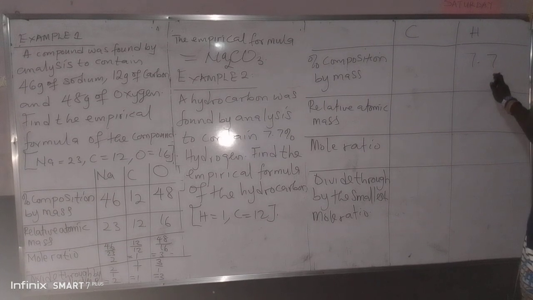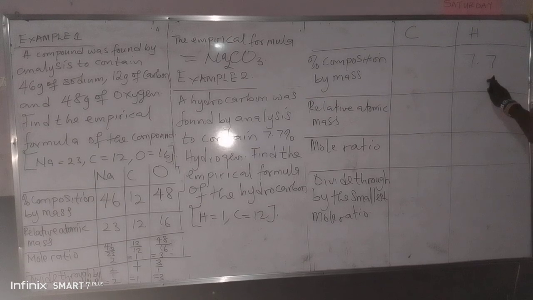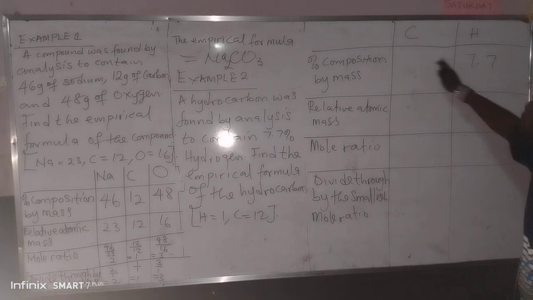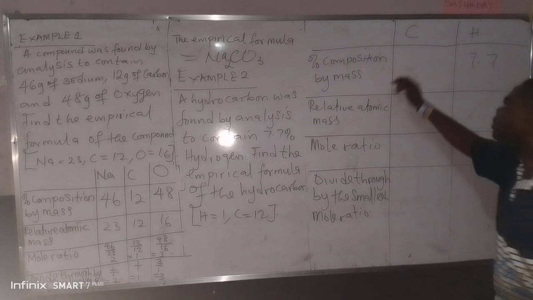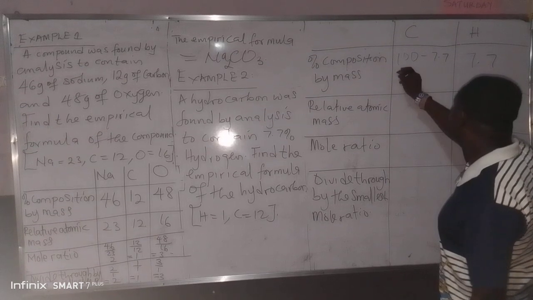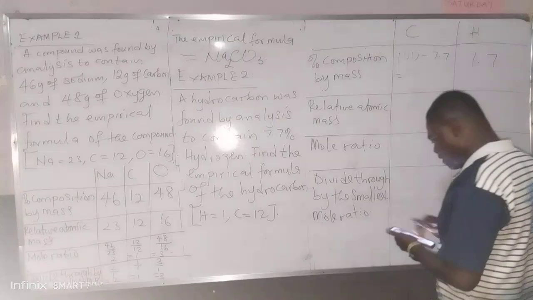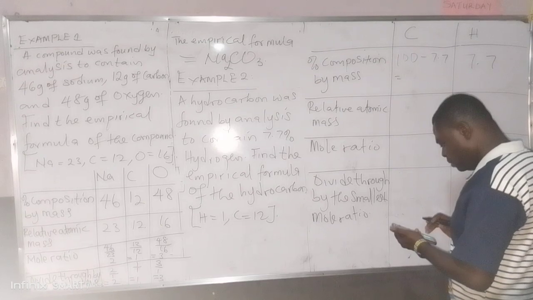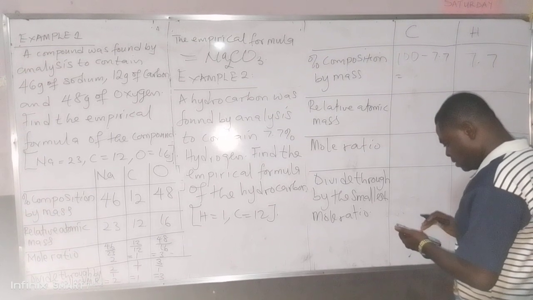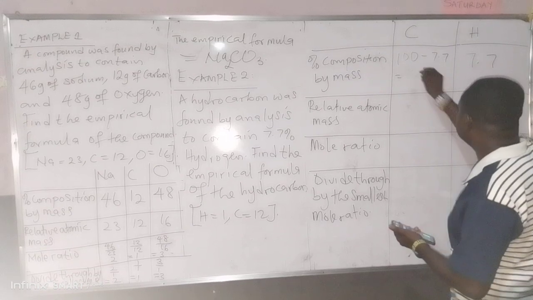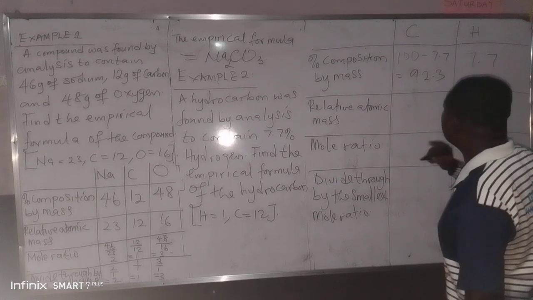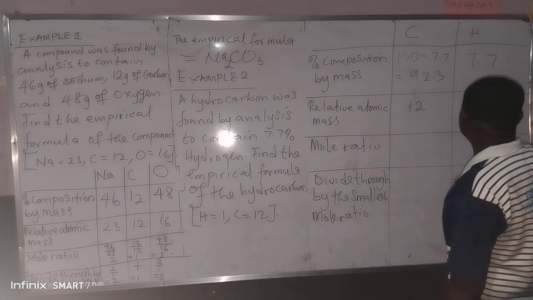So the percentage of carbon, which is not given to you, will be 100 minus 7.7. So answer is 92.3.